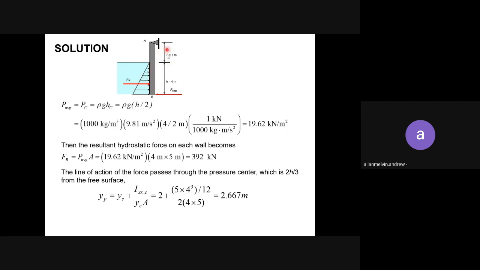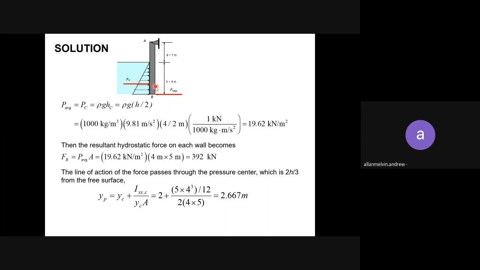Okay, so this is your S equals 1 meter, and H equals 4 meter. So there are two forces. One is FR acting on the plate. So FR is at the center of pressure, and the force at the ridge is at the bottom.